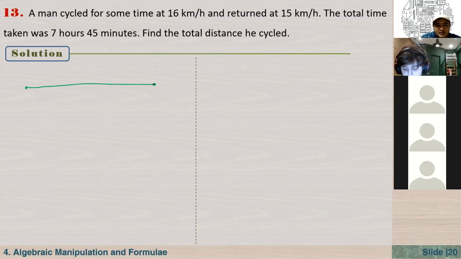Okay, guys, let's do it like this. Here he's cycling from A to B. Mister, why did you ask why I should multiply? This one is 16 kilometers per hour, this is 15 kilometers per hour. Why are you multiplying two speeds together? I can't explain. It's automatic. I'm always doing that. There must be a reason.